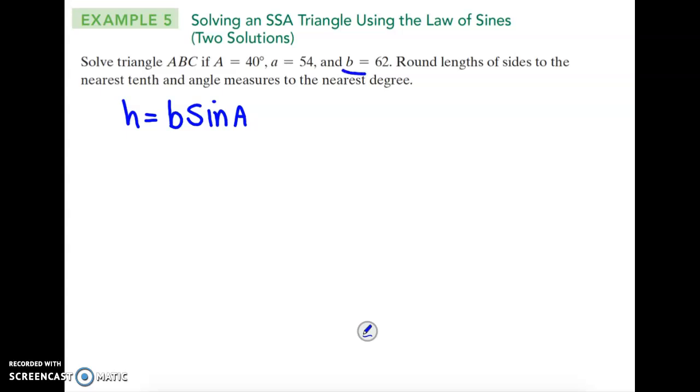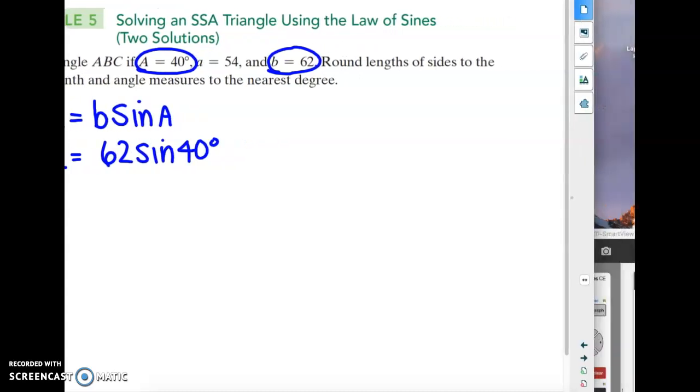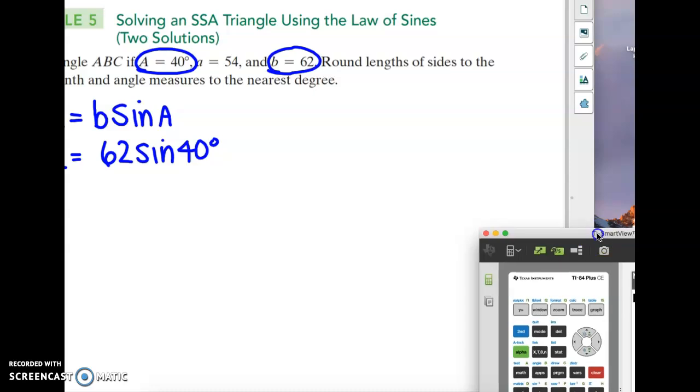So side B is 62, angle A is 40. Substitute into that equation: 62 sine of 40 degrees. Now I'm going to grab my graphing calculator here.